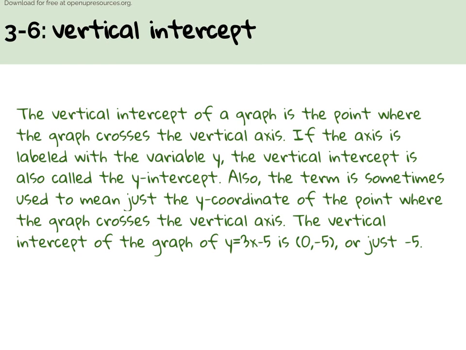On page 57, underneath the glossary term, I want you to write a definition for yourself about vertical intercepts and what they actually are. In your own terms, you can write down my mathematical definition if you want, but it's better to write down your own definition.